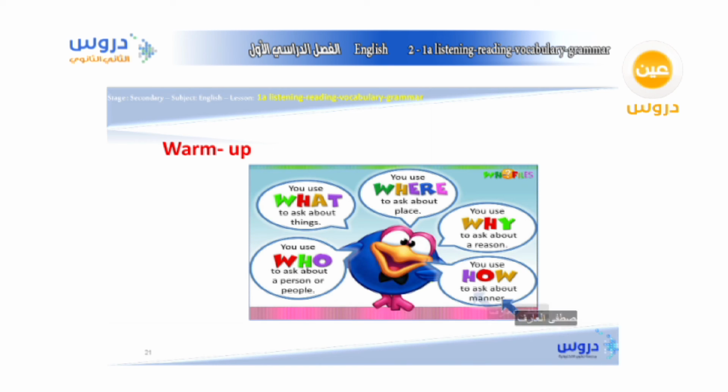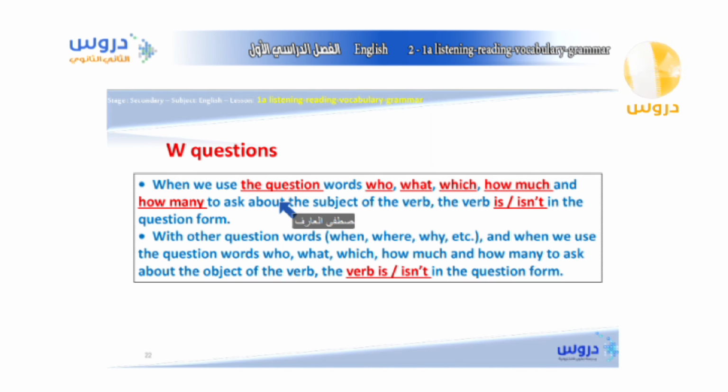And so on. And finally, how to ask about the way or the manner. How did you come to school? How did you win the match? How did you do the homework? How did you do the test? And so on. So these are question words, and they have different usages.